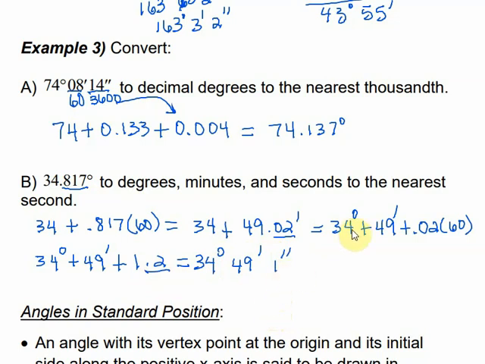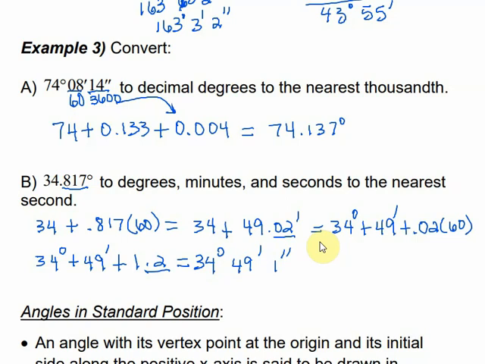Now, there is also a way to convert it in your calculator. All right, so if you have the TI-36X Pro, if you press the math button, there are categories at the top that say math, number, DMS, which is degree minute seconds.